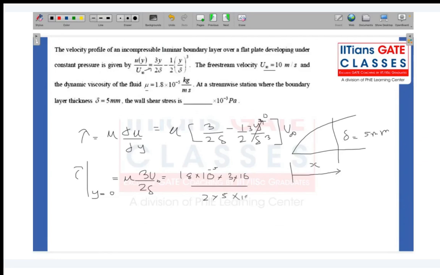You'll find that the wall shear stress takes a value of around 54 into 10 power minus 3 pascals. So that is basically the value of the wall shear stress in this scenario.